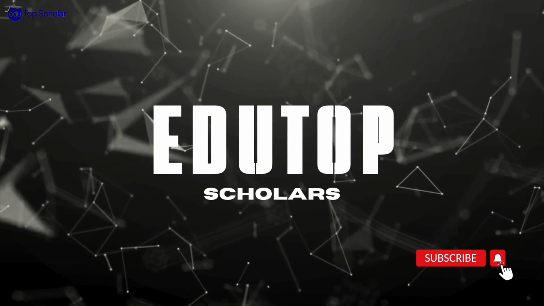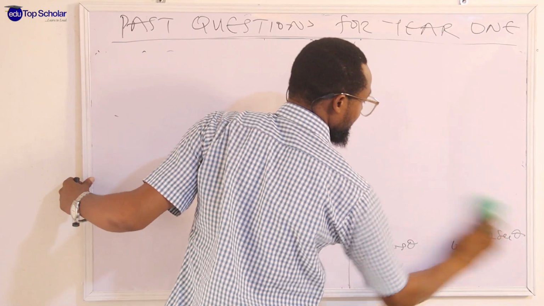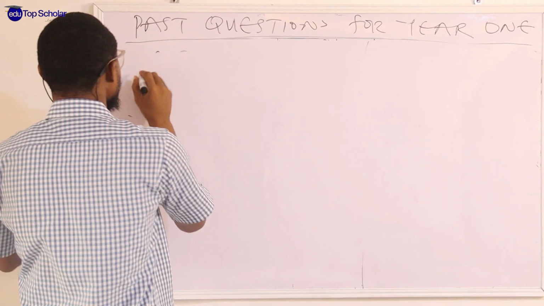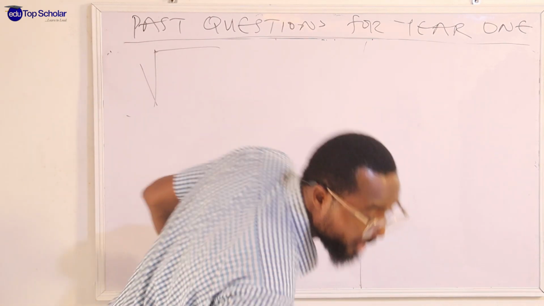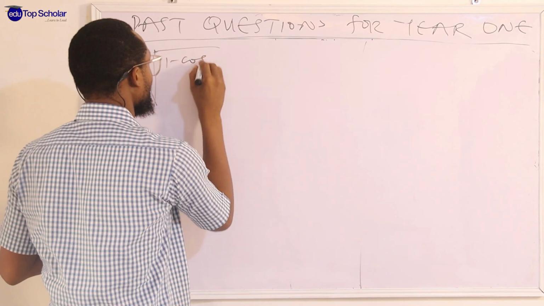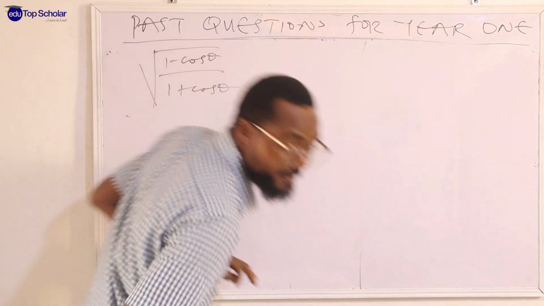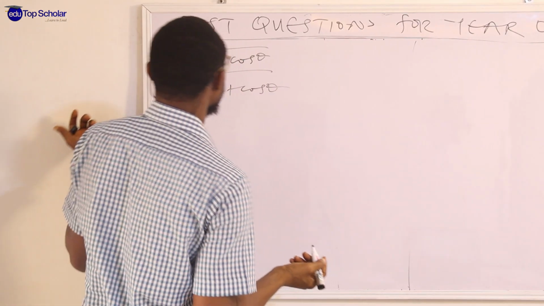That's what the question asks us to prove. I can remove this so that we can quickly have the second one here. This one is we should simplify the square root of 1 minus cos theta over 1 plus cos theta. Okay, so here what do we do?